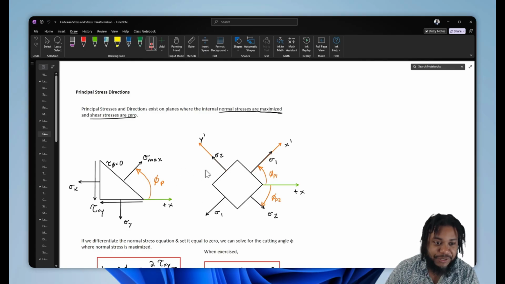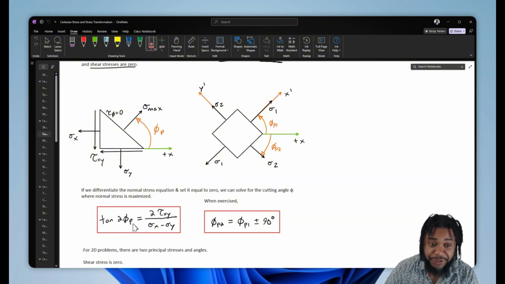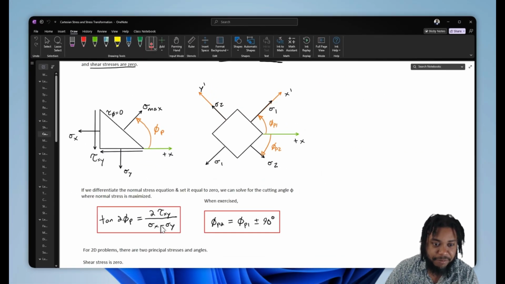Solving the math for this, we can find those angles as tan of 2 phi p, where p means the principal direction, is equal to 2 times tau xy divided by (sigma x minus sigma y). So we can rearrange and solve for the phi angle.